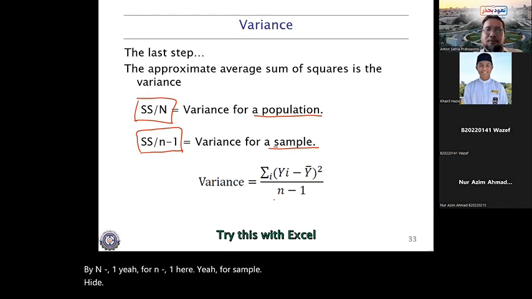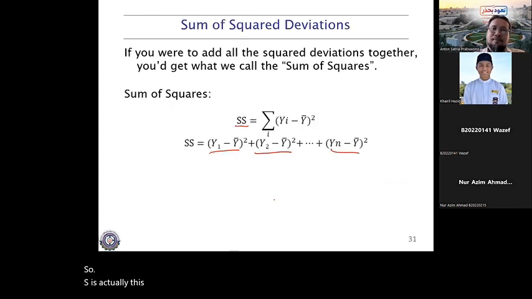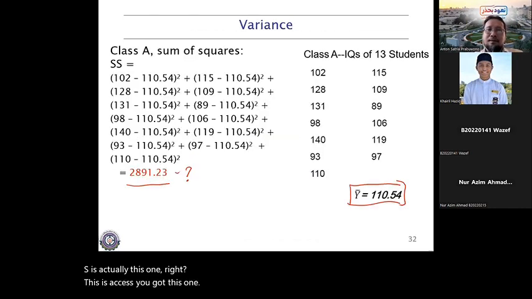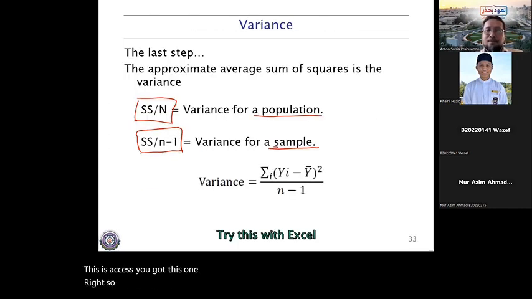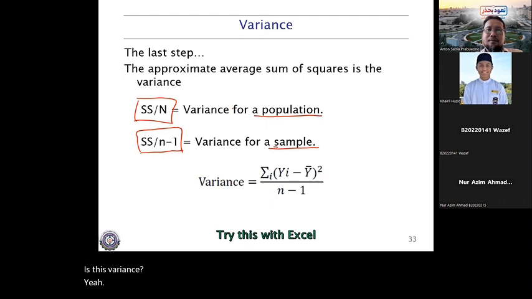SS is actually this one, right? This is SS. You got this one, right? So then this is the variance. So check the result here, whether this is right or not.